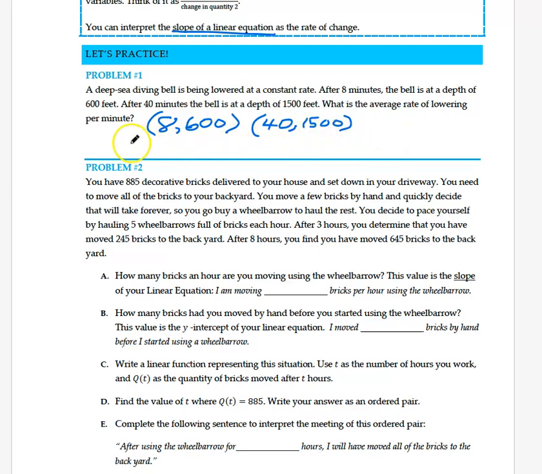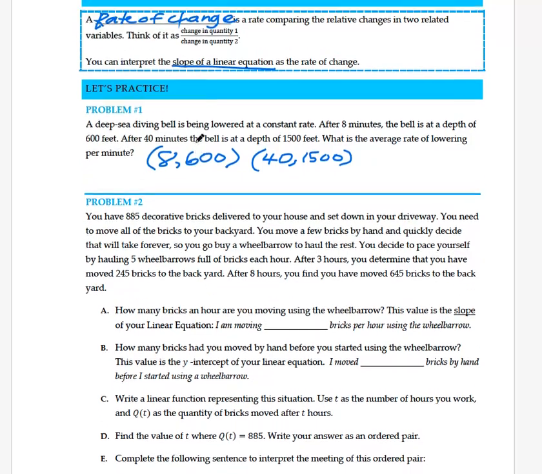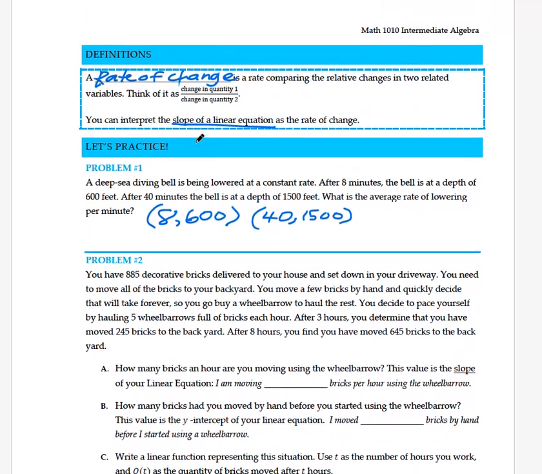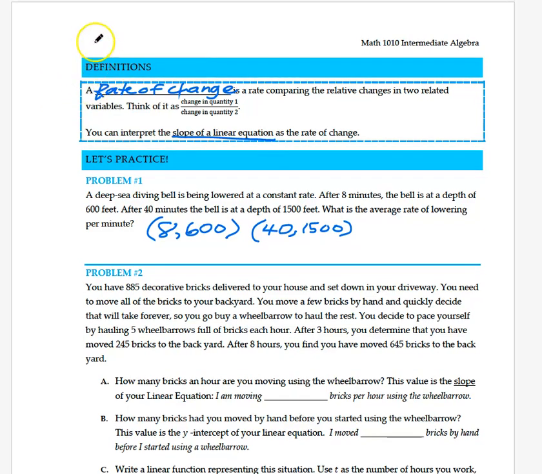Okay. And then we can use the slope formula to be able to do this. So remember that the slope formula, maybe I'll just write it up here, is m equals y2 minus y1 over x2 minus x1. So that's what we're going to be using to find this average rate of change.